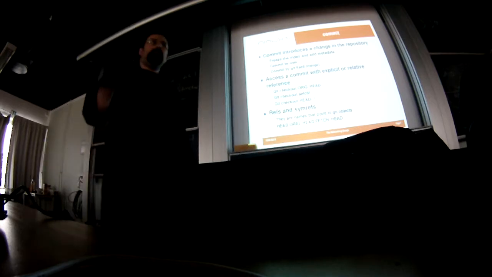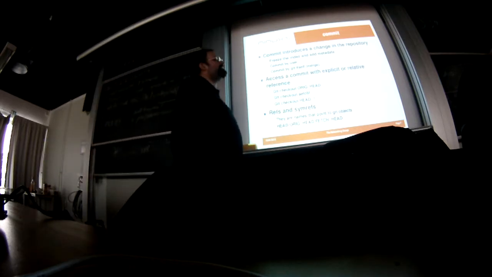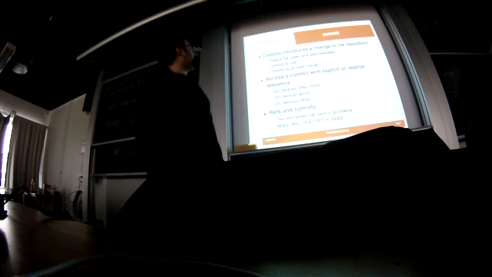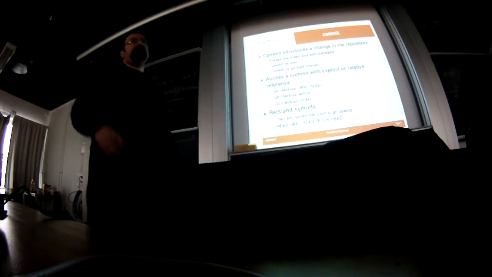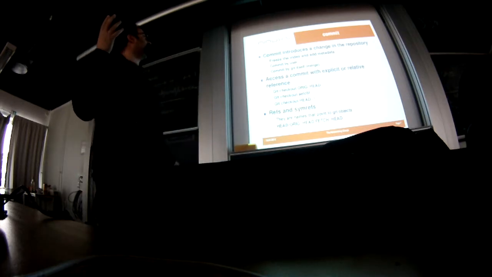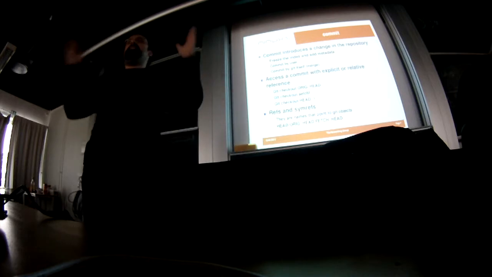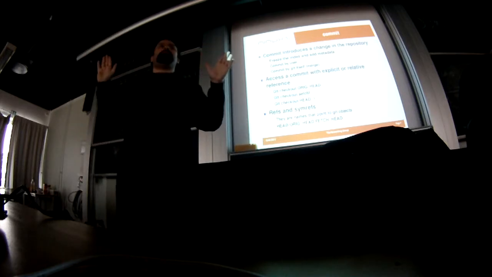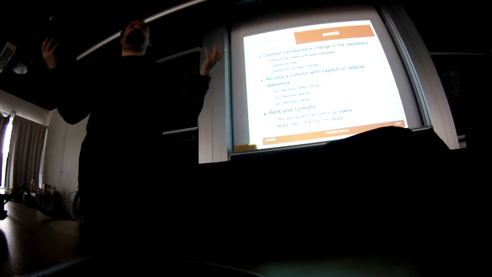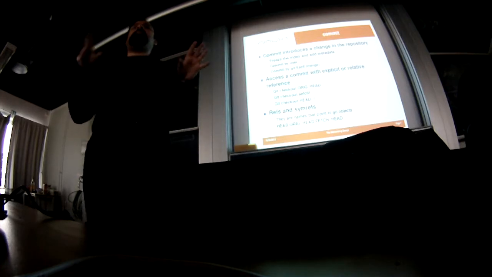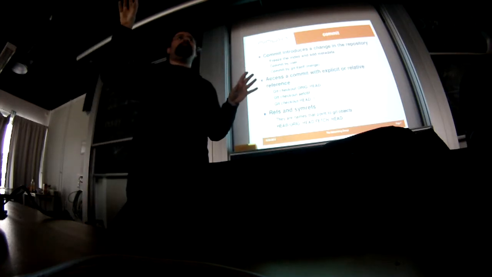So, now we can talk about the commit. What's the commit about? Now, if you understood the index, the commit is very easy. You just take the index at a certain point. So, I'm working in my working directory, I do git add, and I add all these versions of the files that I want to freeze.